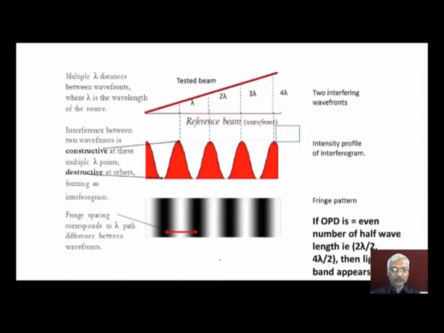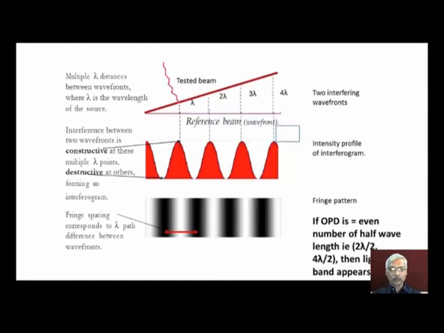Now we can see here the fringe pattern. Now we get the light from the monochromatic source.